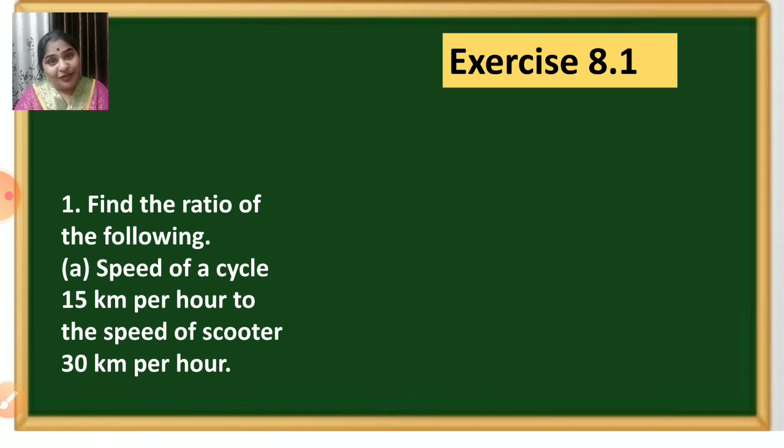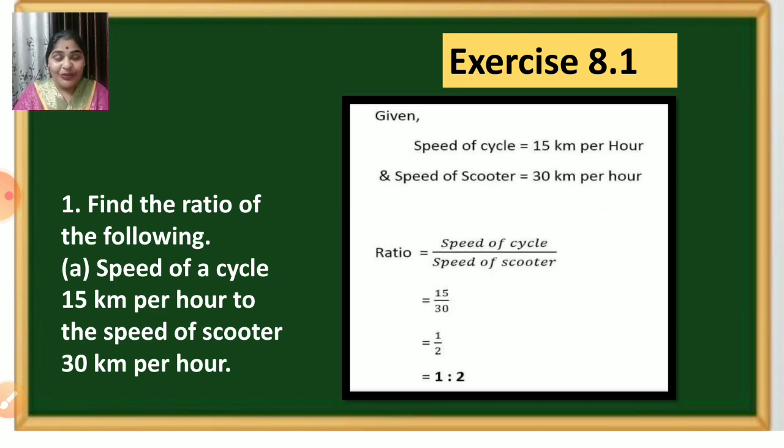So which quantity should come in the numerator? Obviously the speed of a cycle, right? And the speed of a scooter should come in the denominator, right? So how will we write? First write the given things, that is speed of a cycle is equal to 15 km per hour, and speed of a scooter is equal to 30 km per hour. So the ratio of speed of a cycle to speed of a scooter will be equal to 15 upon 30, in kilometers per hour.